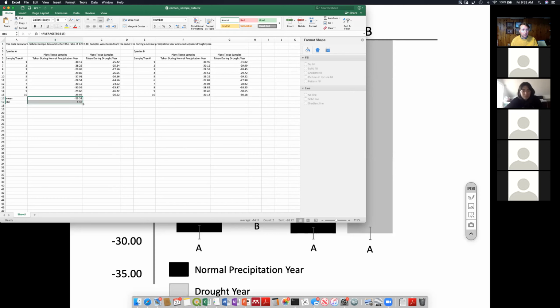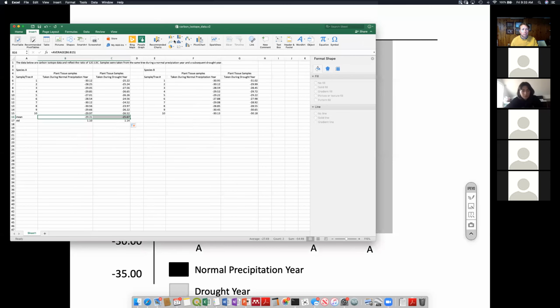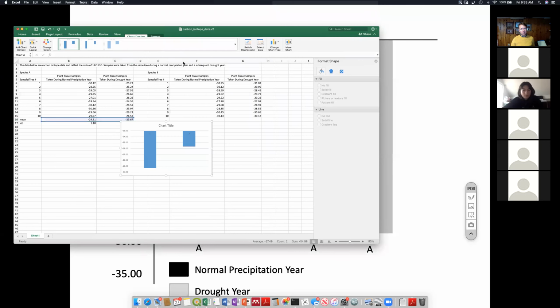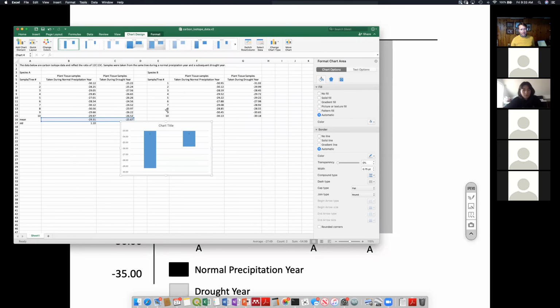As an example, I'll just do one for species A. I would highlight my data, insert, insert chart, 2D column, and I get these columns.